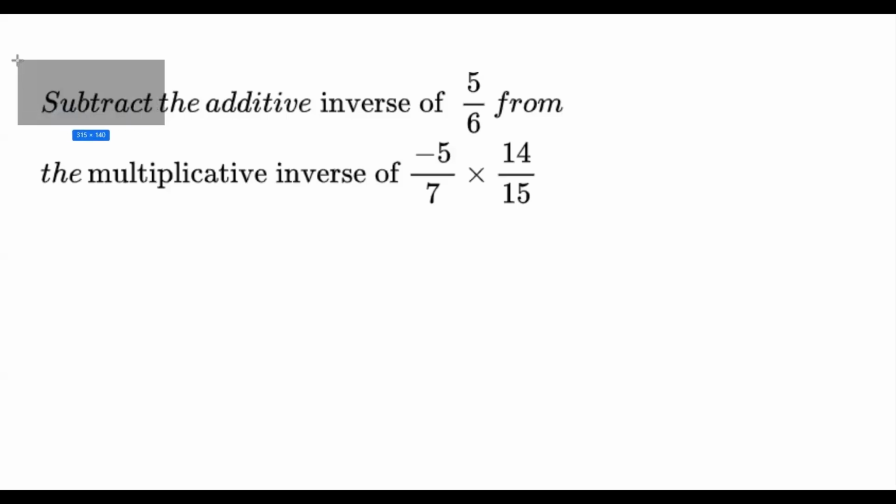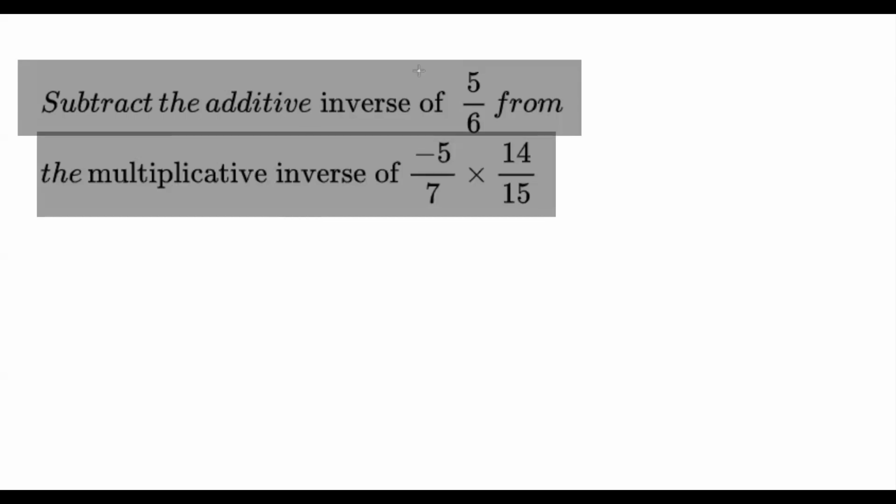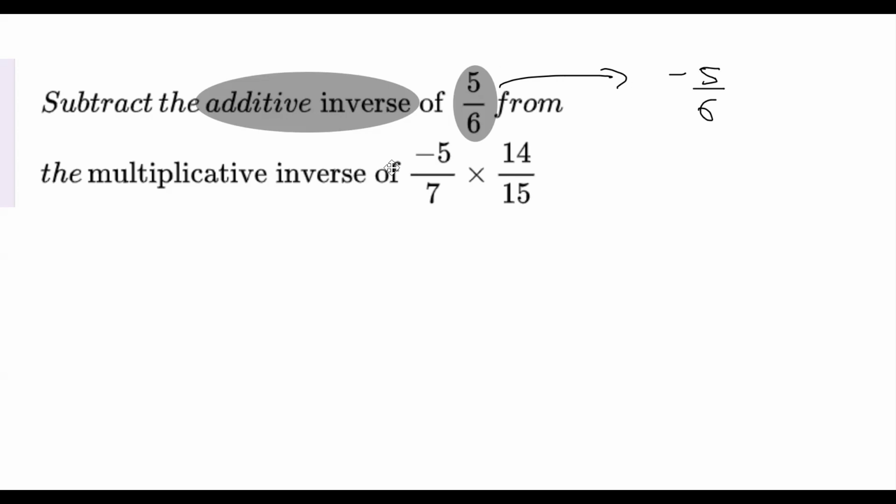The next question says subtract the additive inverse of this from the multiplicative inverse of this. So let's figure out the additive inverse of 5 over 6. The additive inverse of a number is the same number with opposite sign. So it's going to be minus 5 over 6. Then we have to find the multiplicative inverse of this other number. But before we find it, let's reduce it. We can see that 7 1 times, 7 2 times, 5 1 times, 5 3 times.